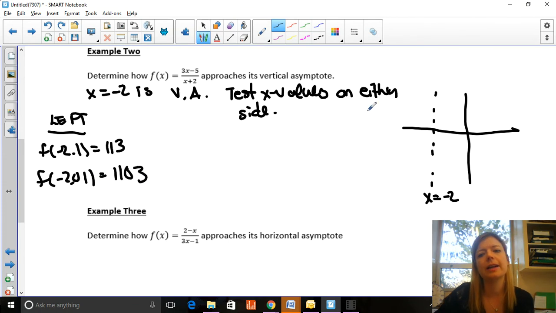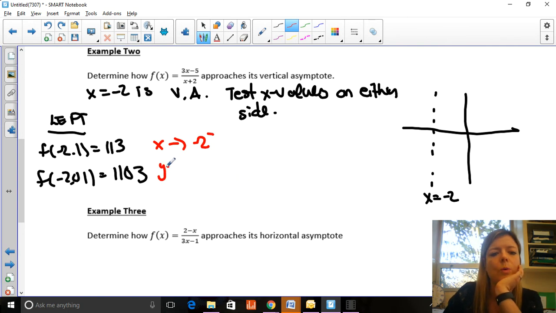So clearly it's approaching infinity. So we can conclude from this, as x approaches -2 from the left-hand side, so from the negative side, y is approaching infinity. So as we approach -2 this way, y is going up in that direction.